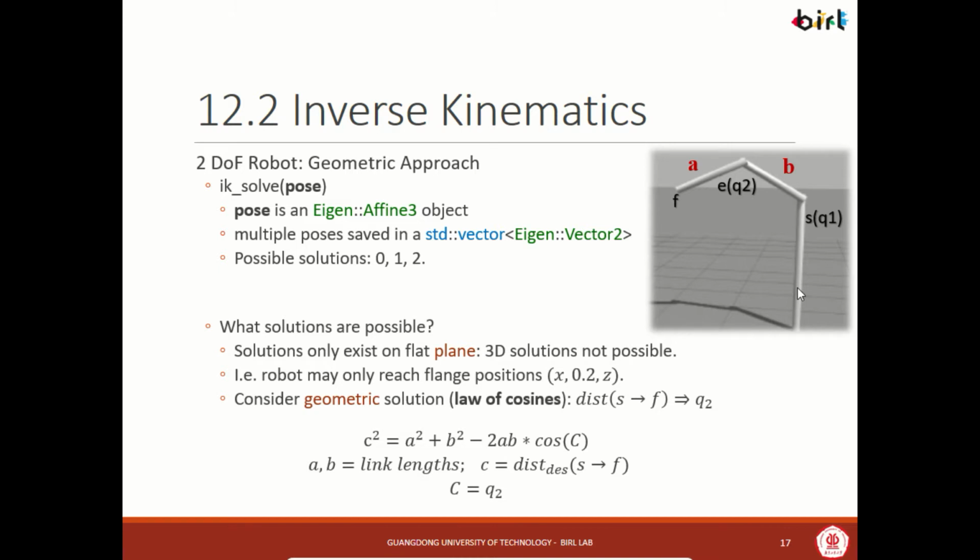Now, for this 2 degree of freedom robot, we ask the question, what solutions are possible? And here, first, we need to know that the solutions only exist on a flat plane. If I only have a shoulder and an elbow, I can't rotate, right? So I might just be able to give you solutions on this plane, right? So that plane, in this slide, we're setting it to be the plane that exists at y equals 0.2.